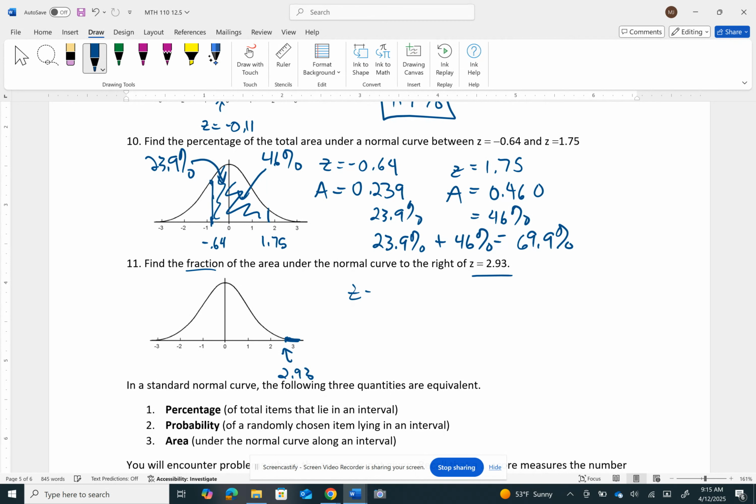So take your z, find the a corresponding to it, and it turns out to be 0.498. Okay, so what that 49.8% really is, is the percentage of data values that would be here.